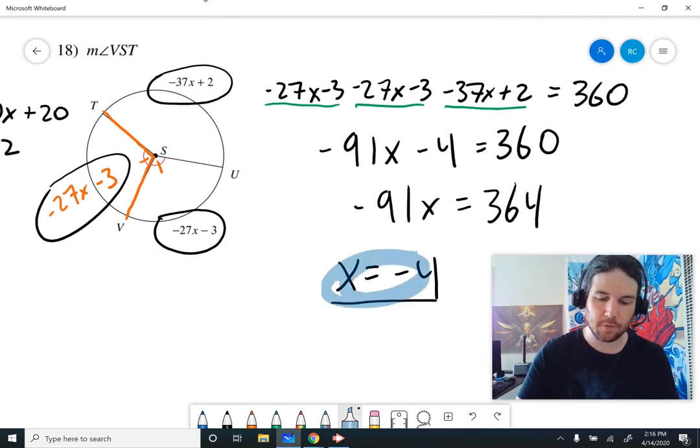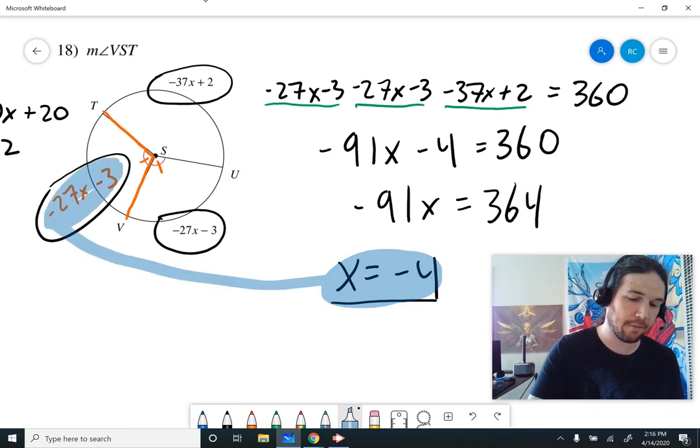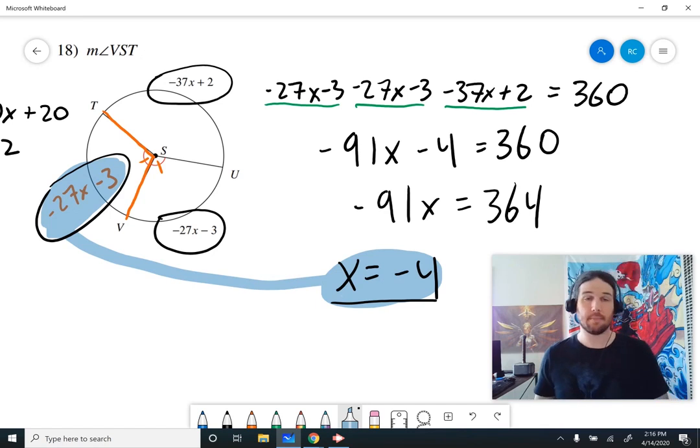We're going to take that x equals negative 4, and we're going to plug it in to the expression that we have for angle VST. Okay? It's okay to get a negative for x so long as you get a positive for your final angle. For your final angle measure, that is.